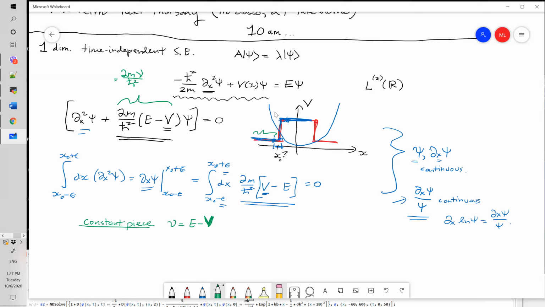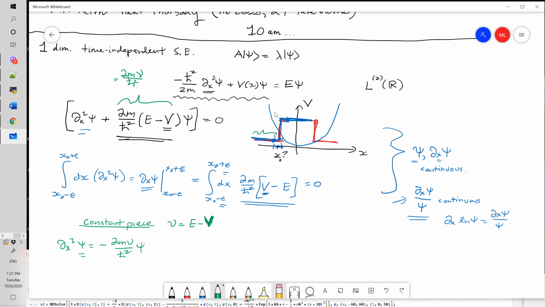So that's in the constant regions. And the solution to that is just a simple ordinary differential equation. It's two derivatives acting on psi is equal to minus 2m nu over h bar squared psi. And here the solutions are going to be exponentials, either complex or regular.